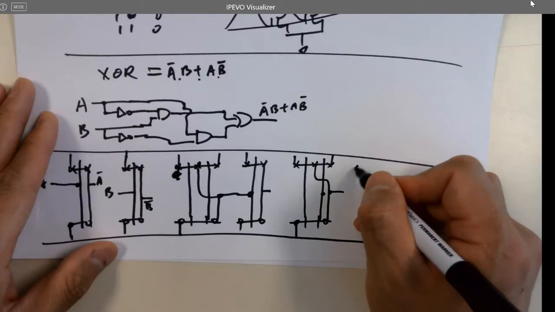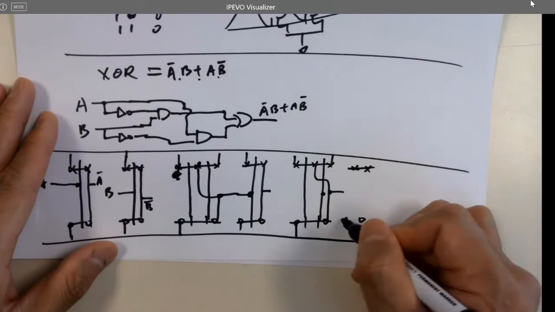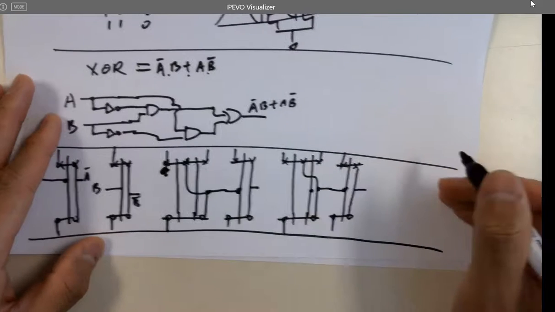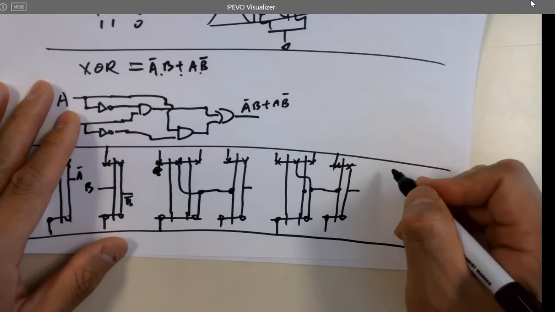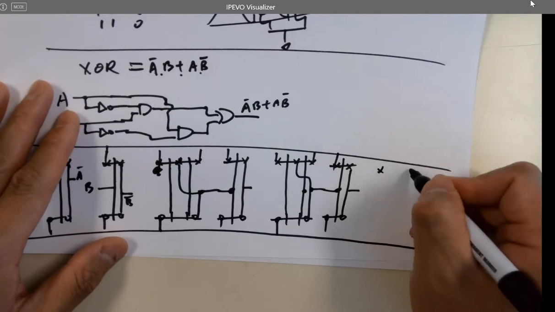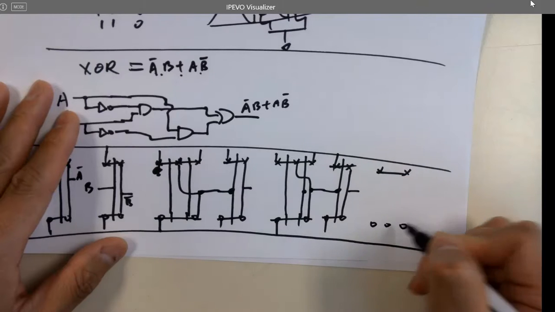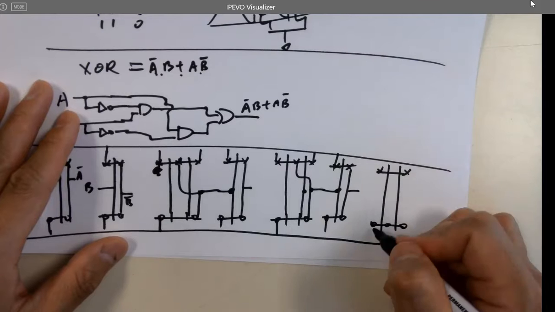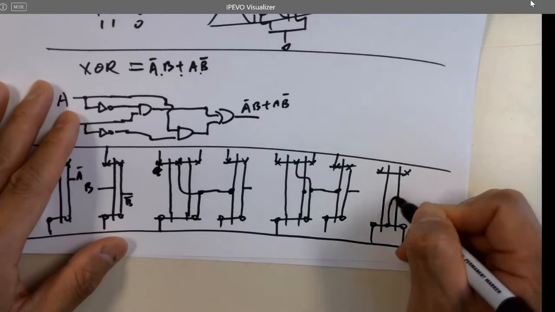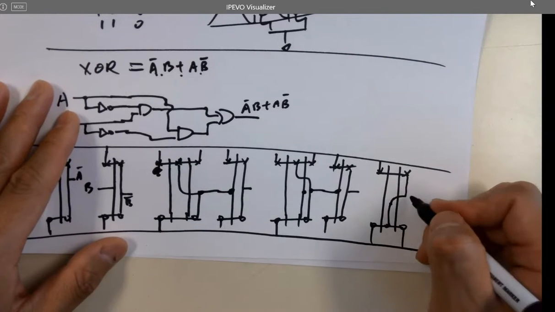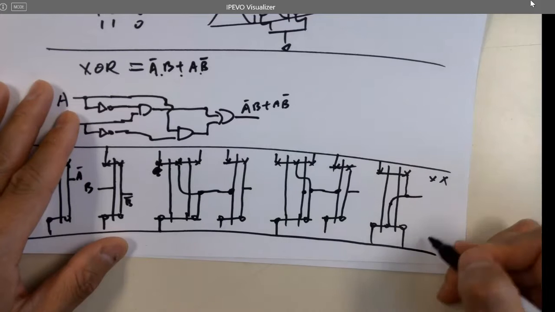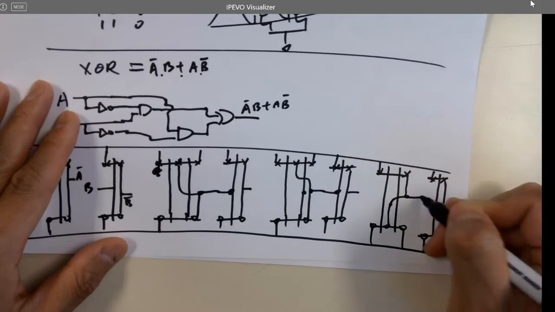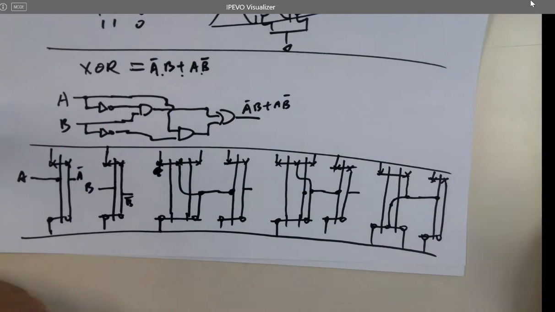Another AND gate, and you need an OR gate. These are all the gates you need.